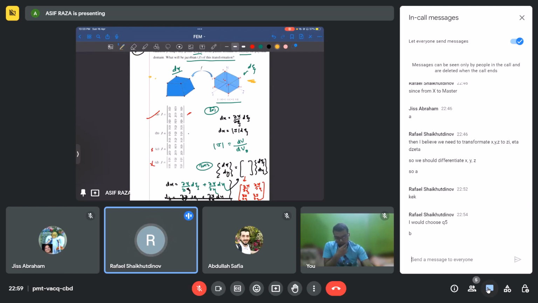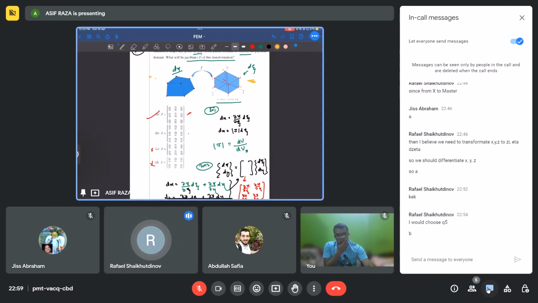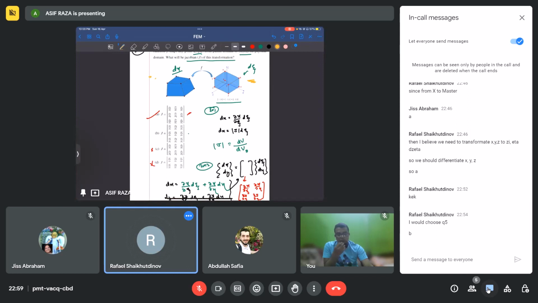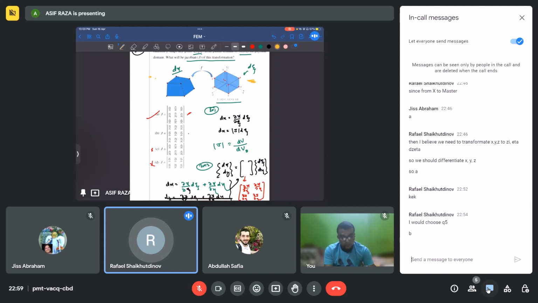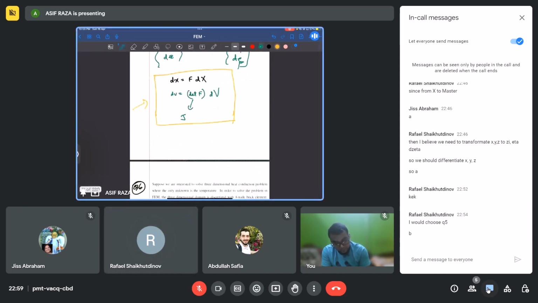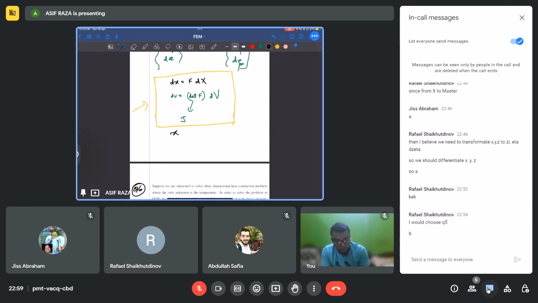If we have a transformation from parent domain to physical domain, it means we have some function in terms of parent domain coordinates, right? For instance, we need to integrate a function, x squared plus xyz, along the volume.